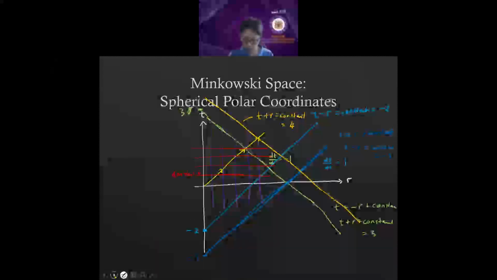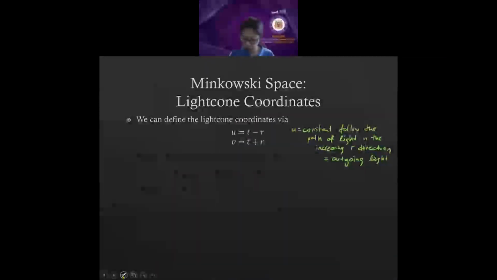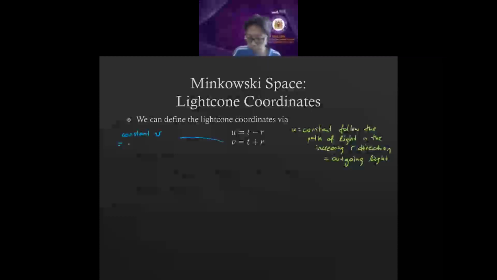Whereas the light that is described by constant v is going to correspond to what is known as the ingoing light, because it is moving towards the center, towards r equals 0.